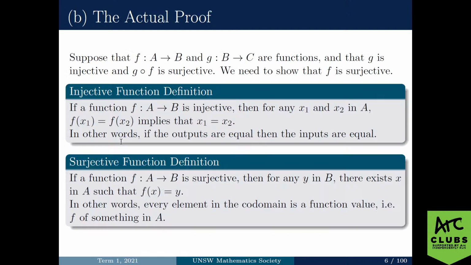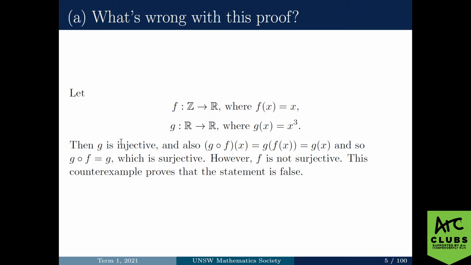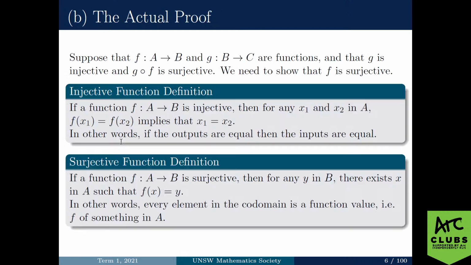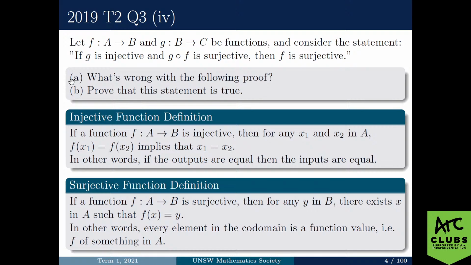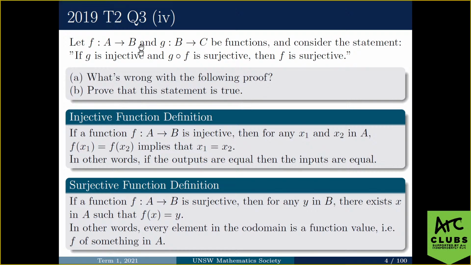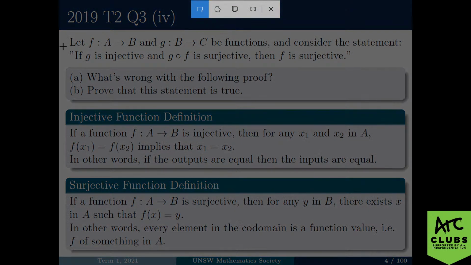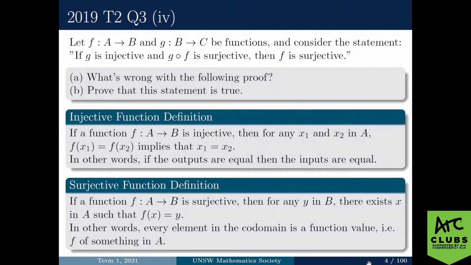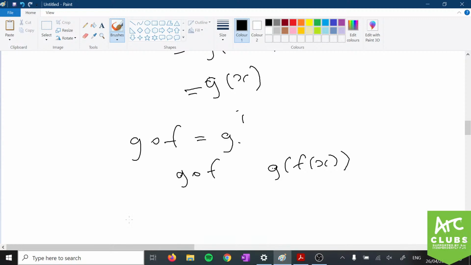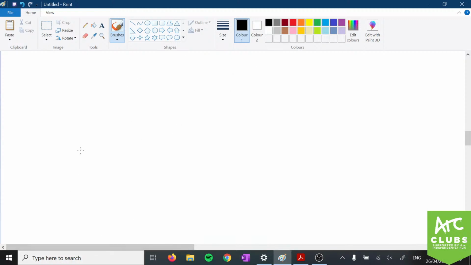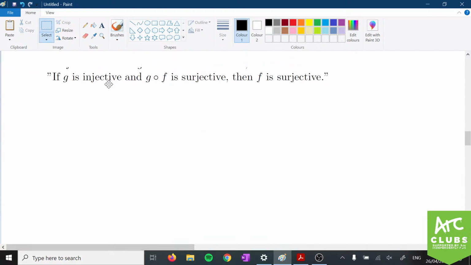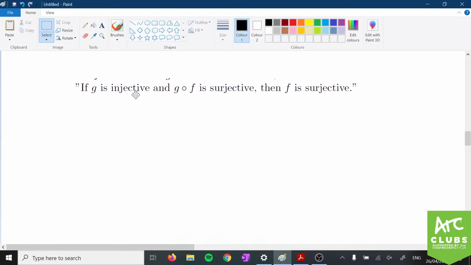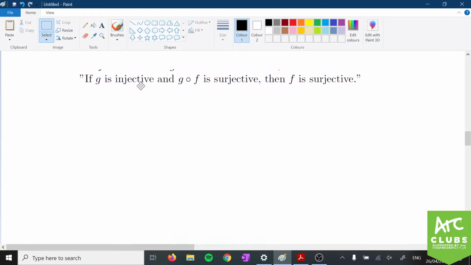And okay, so the next part is we have to prove the statement is true. And the statement is, I'll get it back up. This is a statement, and we have to prove that the statement is true.